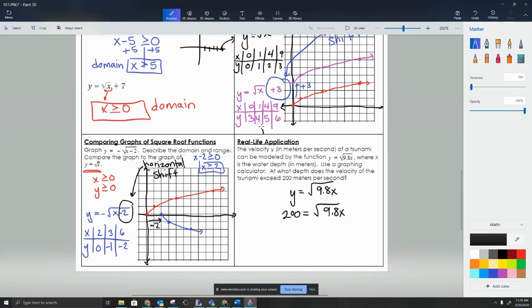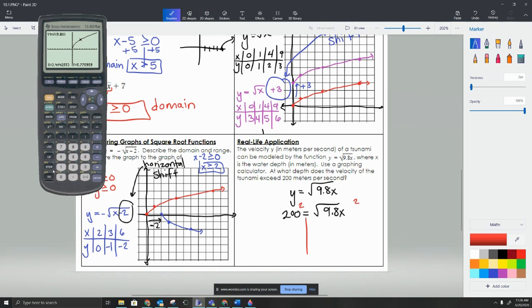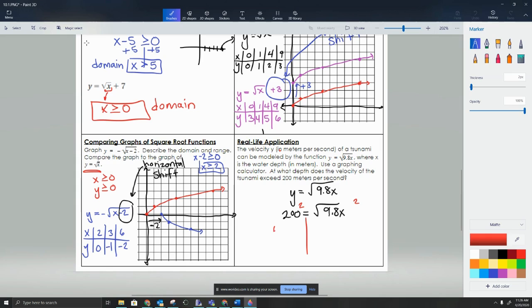So I'm going to do inverse operations here. Let's square both sides. So 200 squared, which I have right here, is 40,000. And then I have that equal to 9.8x.